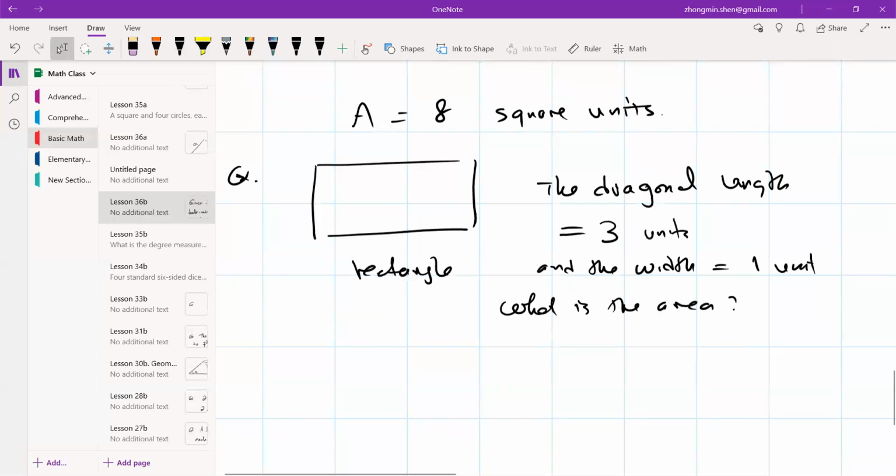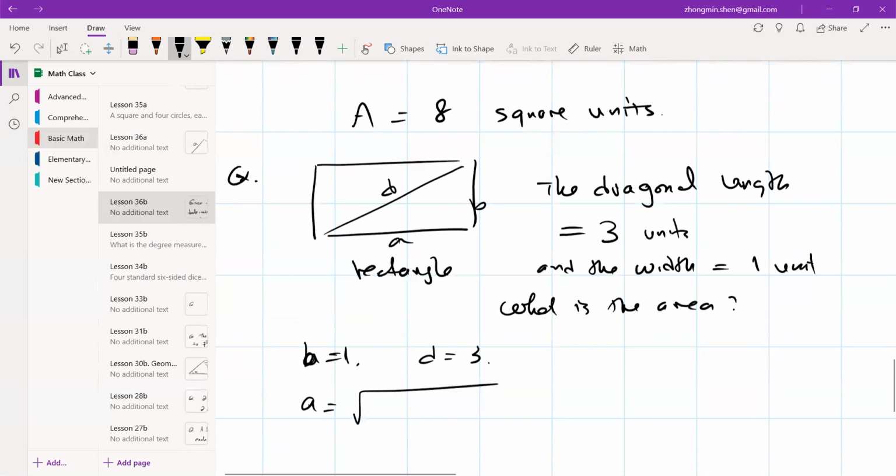All right, so let's work it out. According to this, D is 3, B is going to be 1, and A we don't know.